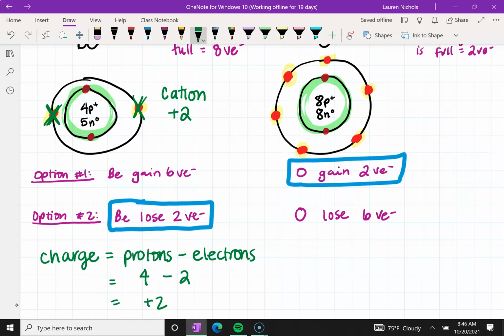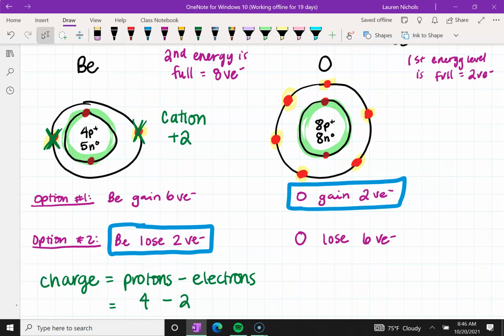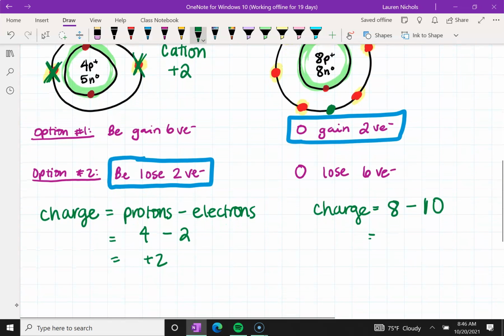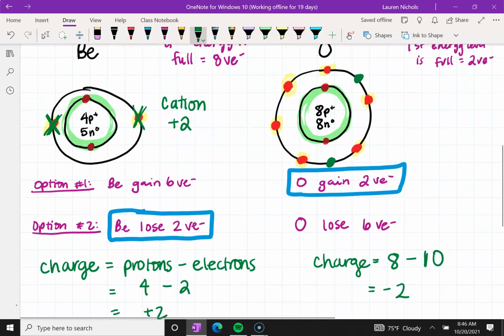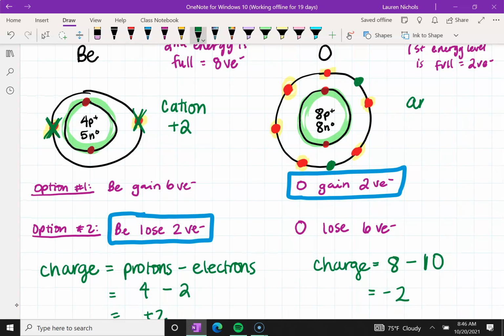Now for oxygen, oxygen's going to gain 2 electrons, 2 extra electrons that were not there before. So now its charge, again, protons minus electrons, I have 8 protons, but now there's a total of 10 electrons. And so that would give us a -2 charge. So oxygen forms an anion, or an atom with a negative charge.